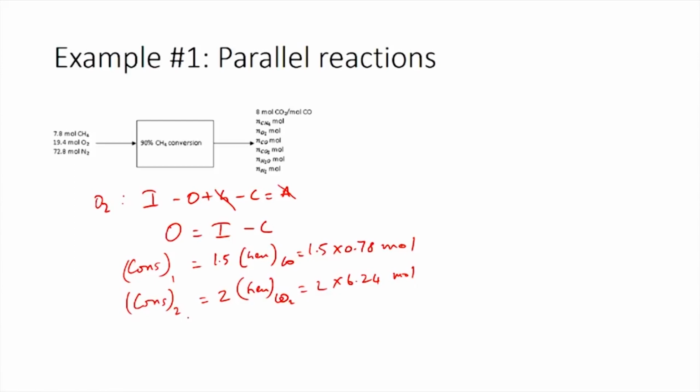So, the total output of oxygen would be the input, which is 19.4 moles of oxygen, minus 1.5 times 0.78, which is the consumption from reaction 1, minus 2 times 6.24, which is the consumption by reaction 2, giving you the final output as NO2 equals 5.75 moles.